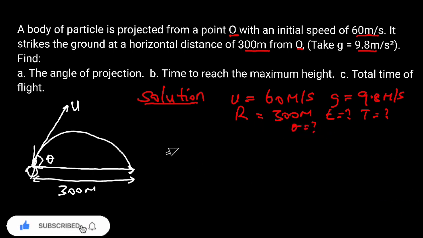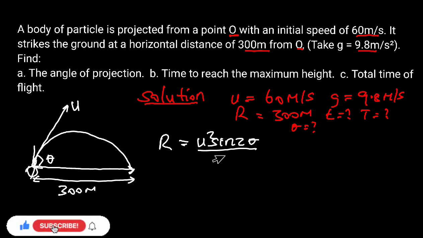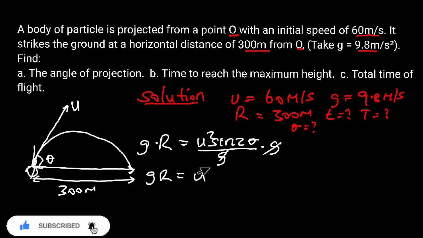Now we are going to start with the projection angle since we already have the range. The formula for range is r equals u squared sine 2 theta divided by g. In this equation we have u, we have r, we have g. The only thing we don't have is theta. So let's make 2 theta the subject of the formula. Multiply both sides by g, so the g's cancel. We are left with gr equals u squared sine 2 theta.